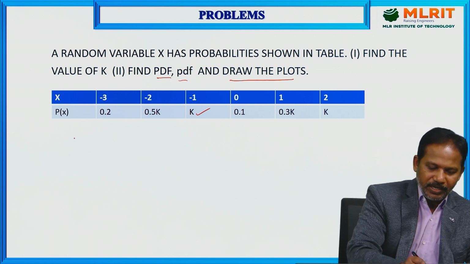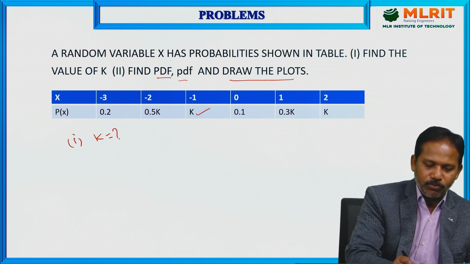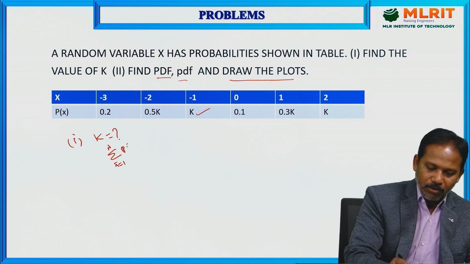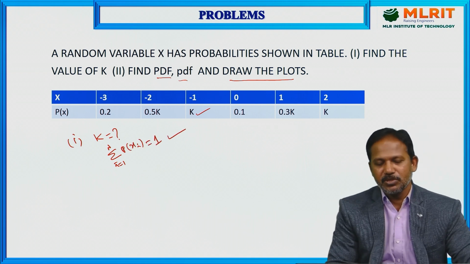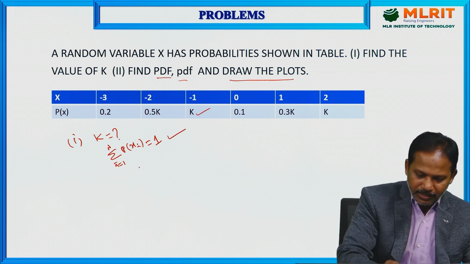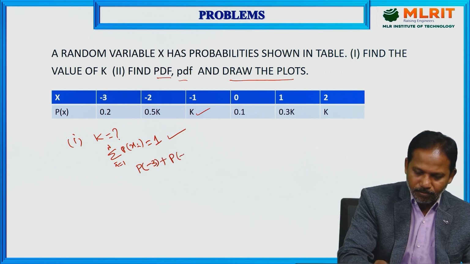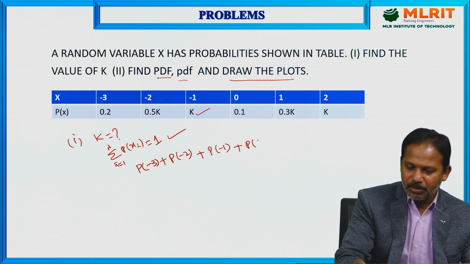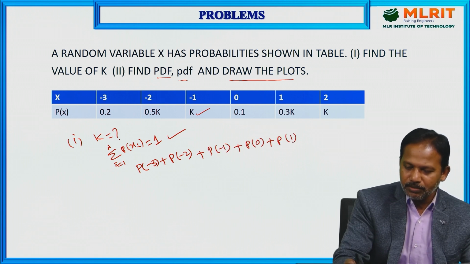Now we are finding the first bit, that is, the k value. The summation of p of xi, i equal to 1 to n, is always 1. That is the probability of the sample space. So I can write p of -3 plus p of -2 plus p of -1 plus p of 0 plus p of 1 plus p of 2 is equal to 1.